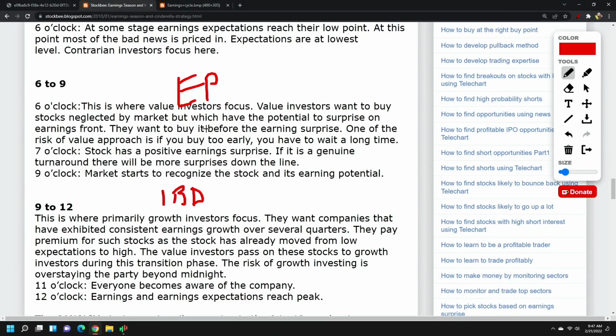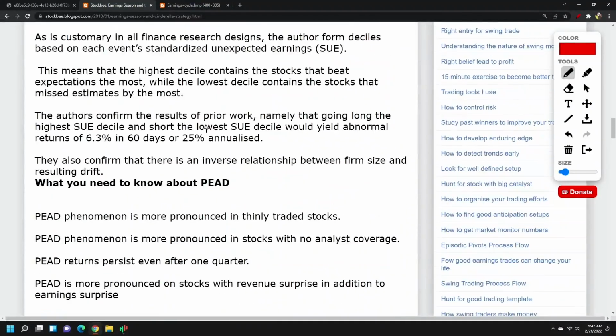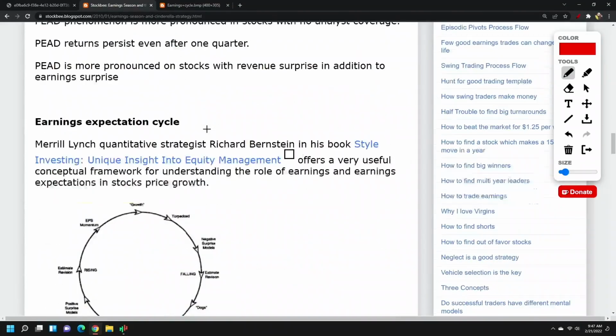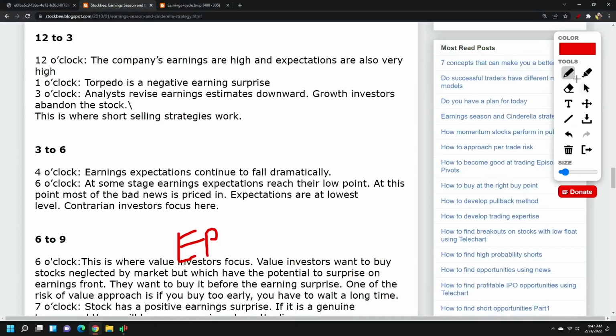This is the IBD focus. If you're a classical IBD, CAN SLIM type of trader, if you want to trade EP, then this is where you want to be. This is the article which I wrote, and in this article I talk about basically the earnings expectation cycle and the Cinderella strategy.